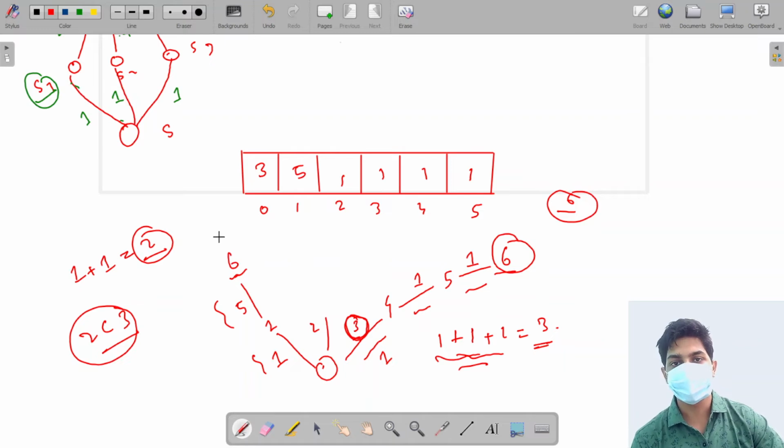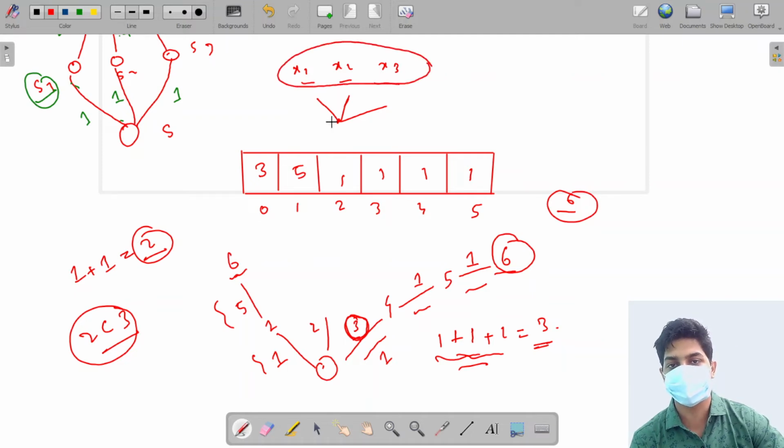So what will we have to do? At each position, whatever jumps are available to us, we will try all those jumps. Whichever of these gives, suppose this gives us answer x1 jumps, this gives us x2 jumps, this gives us x3 jumps, so we will take the minimum of x1, x2 and x3. We will try all the 3 jumps, or all the k jumps, and we will take the minimum among x1, x2 and x3, and I will add 1 to it as my answer.